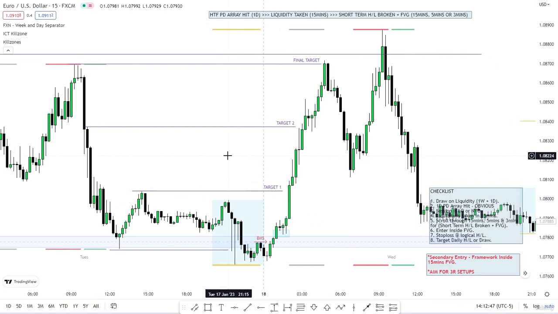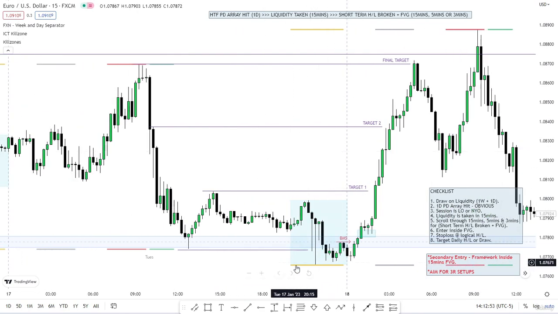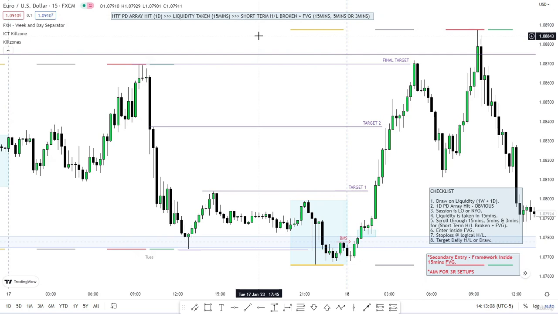So let's dig in. The first thing you see is when the market comes and hits this PDRA in the 15 minutes. This is a 15 minutes chart. So the daily PDRA has been hit, and then this is the Asian session.